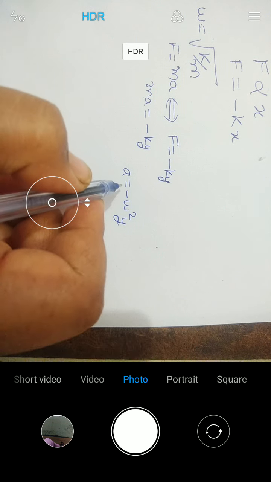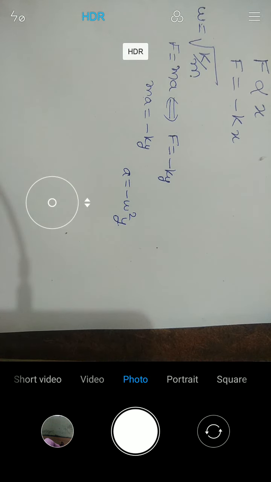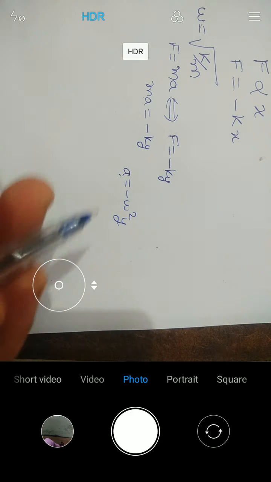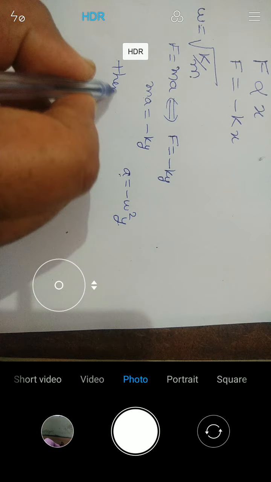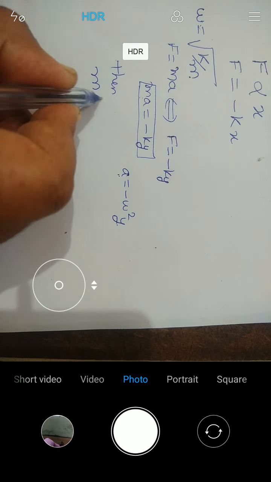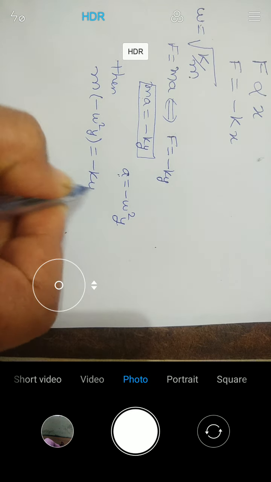This is the expression for acceleration of a particle executing SHM. In a previous video we derived this also: a is equal to minus omega square y. Now put the value of a in this equation: m times minus omega square y is equal to minus ky.